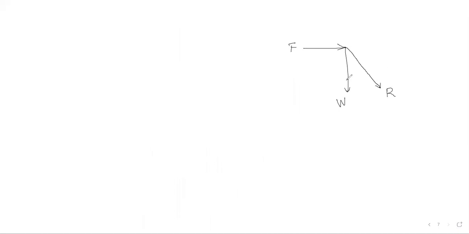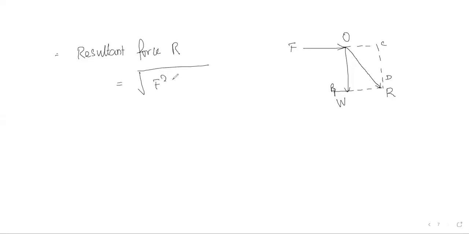For that, this point becomes O, and this place I'm going to take as B, and this is D and C. Now, therefore, the resultant force R is equal to root under F squared plus W squared.